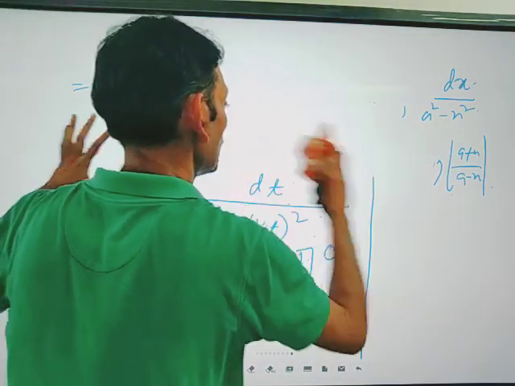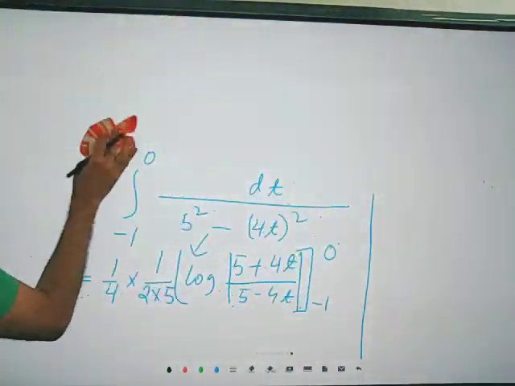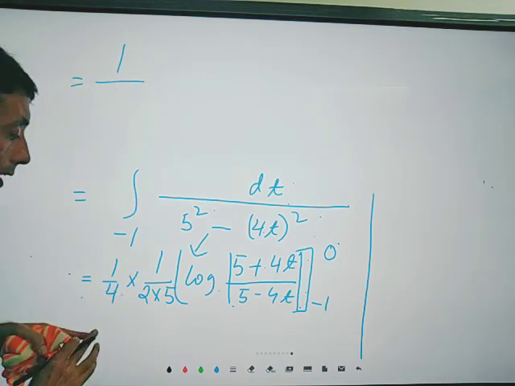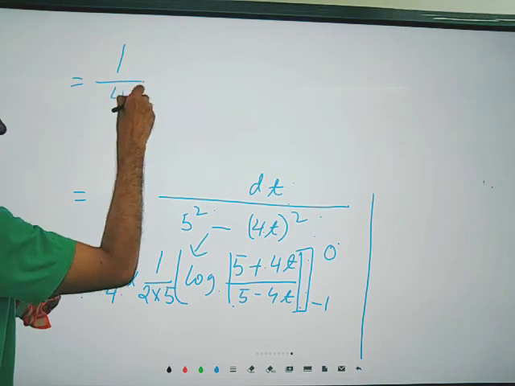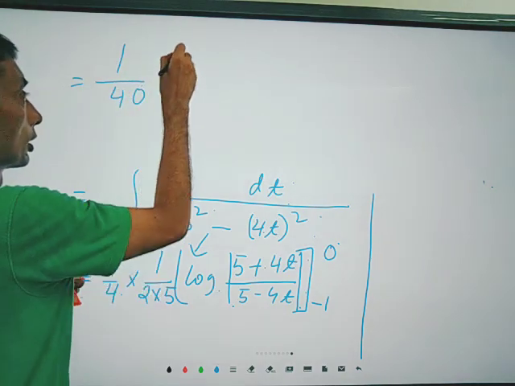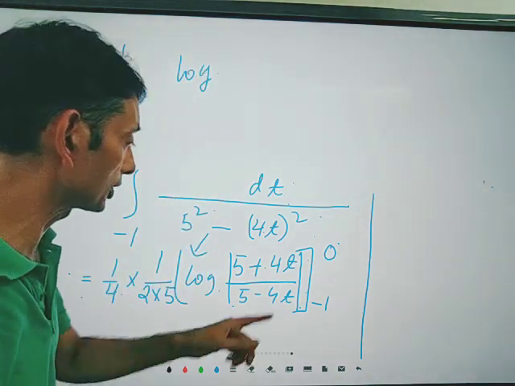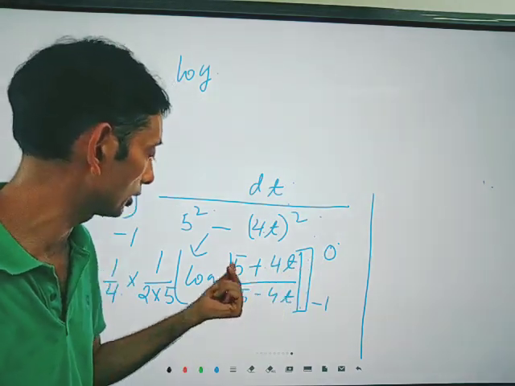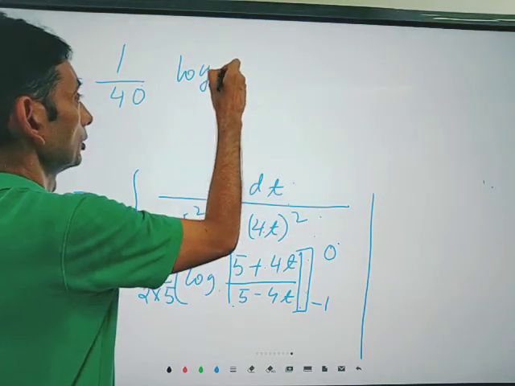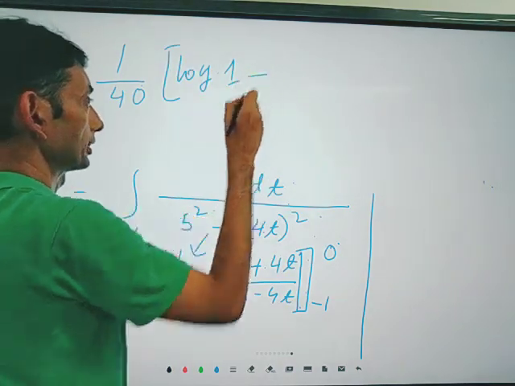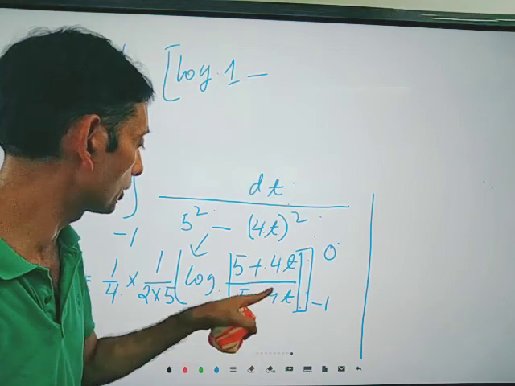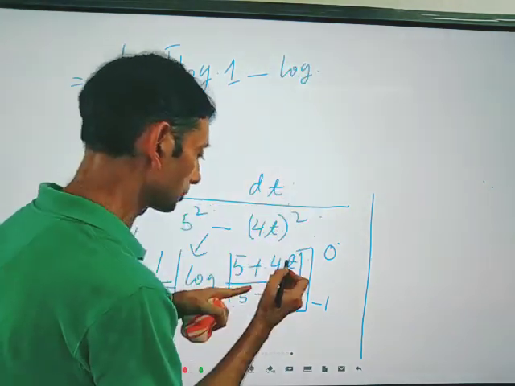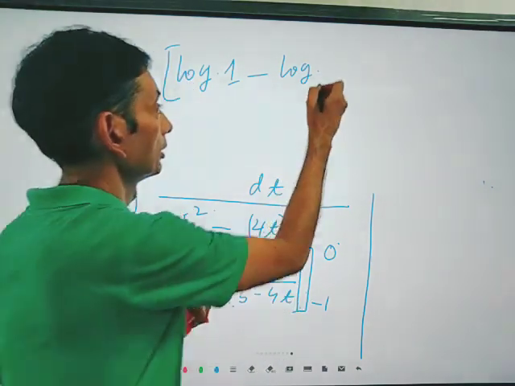Now, if we substitute the limits, we get 1 by 40 times log of 5 plus 4t by 5 minus 4t. If I substitute 0, both terms become 0, so it's 5 by 5, which is log 1. Minus, we substitute minus 1. The numerator is 5 minus 4, which is 1.